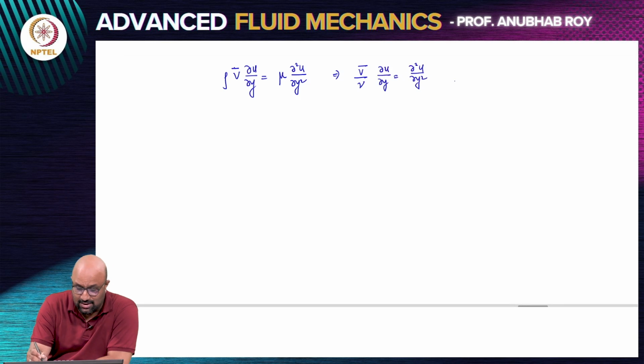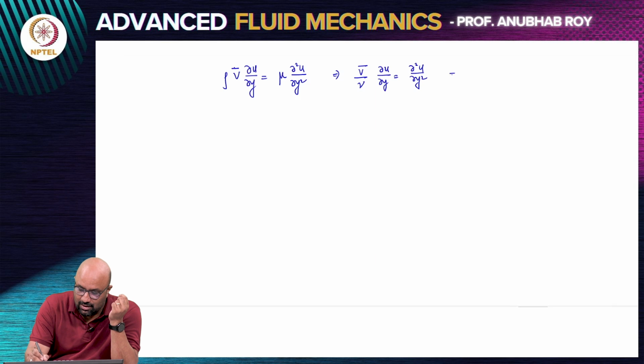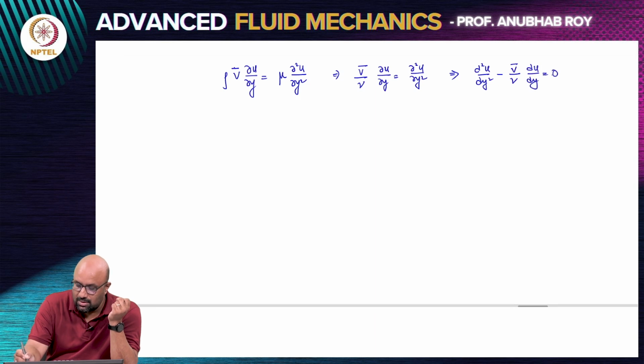Now, this is only varying in the y direction, so I can write it as an ordinary derivative, and I can integrate this and solve this equation. So, I can now take this equation, d square u dy square minus v bar by nu du dy is equal to 0.